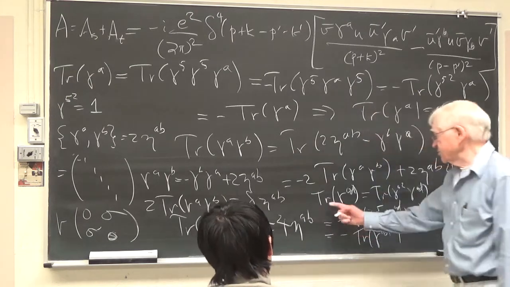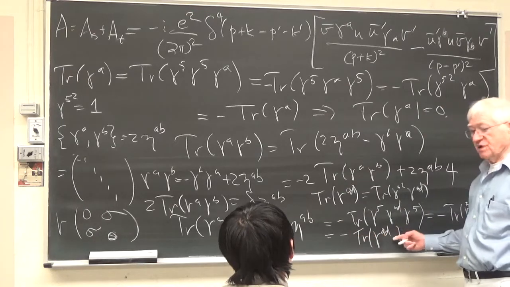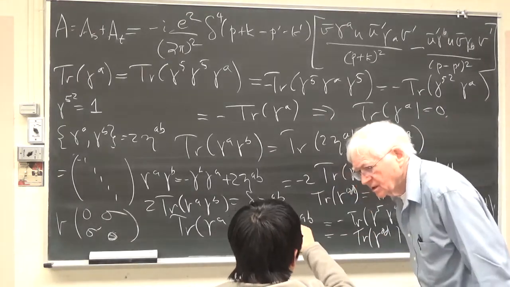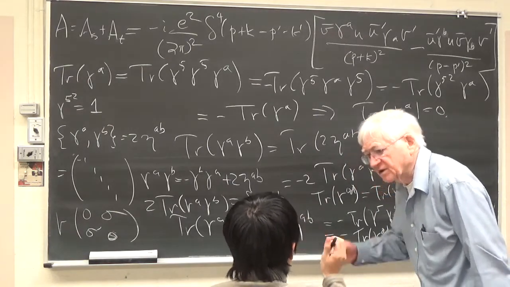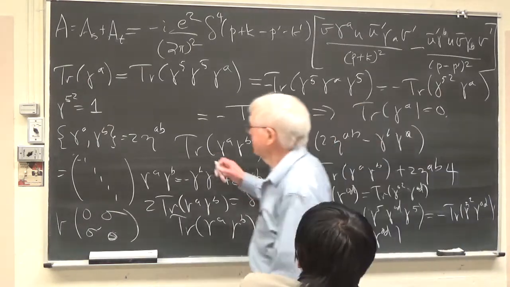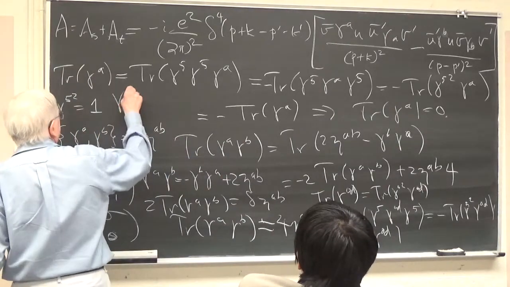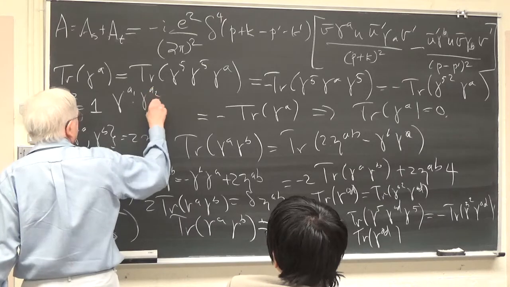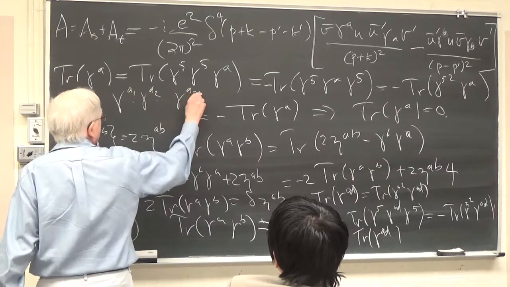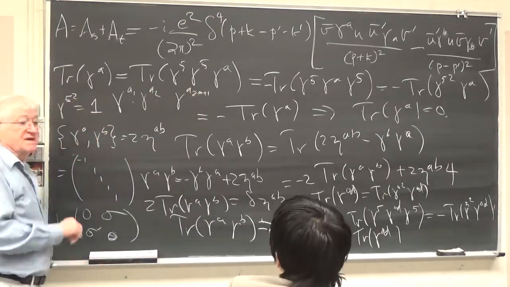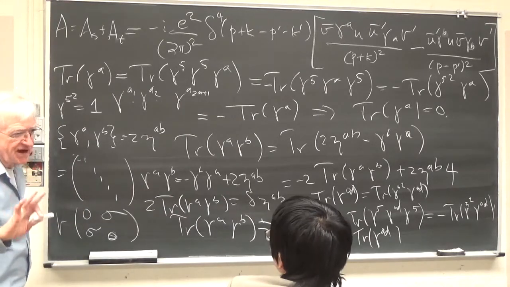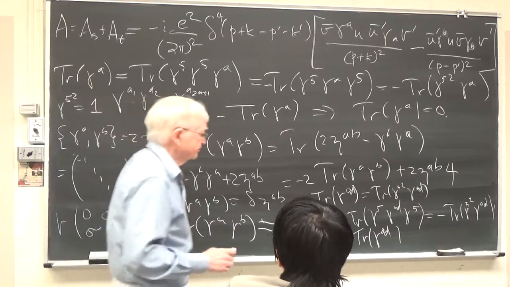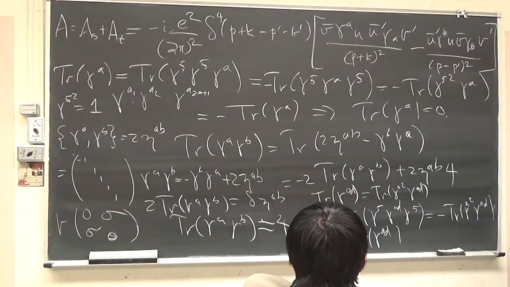So now we've got the trace of gamma odd is equal to minus the trace of gamma odd. That means trace of gamma odd is 0. Yes? So gamma odd means a product of an odd number, in other words, it's gamma A1, gamma A2, up to gamma A(2n plus 1), but none of them is gamma 5, only ordinary gammas, 0 to 3. Okay, so we've got that.